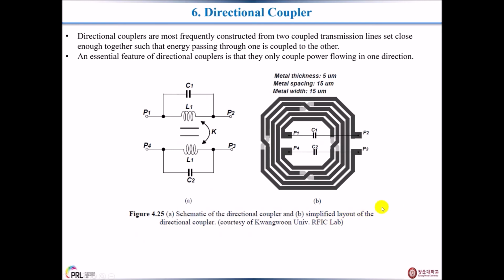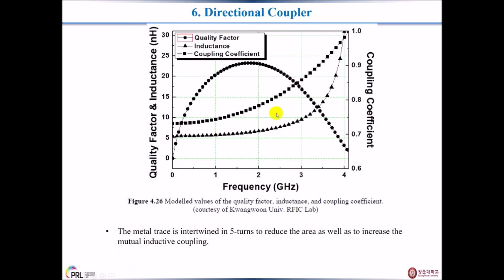Here C1 and C2 are implemented in the backend area of the interwound inductor to save area as well as to avoid using off-chip capacitors. Coupling coefficient, quality factor and inductance have been plotted here. According to this plot, a number of interwound turns are used to reduce the area and increase the mutual inductive coupling.